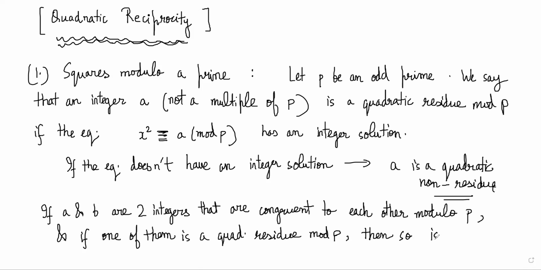Obviously, if the two integers are congruent to each other, then if one of them is a quadratic residue, the other one will also be a quadratic residue. So this is the idea and the definition of quadratic residues.